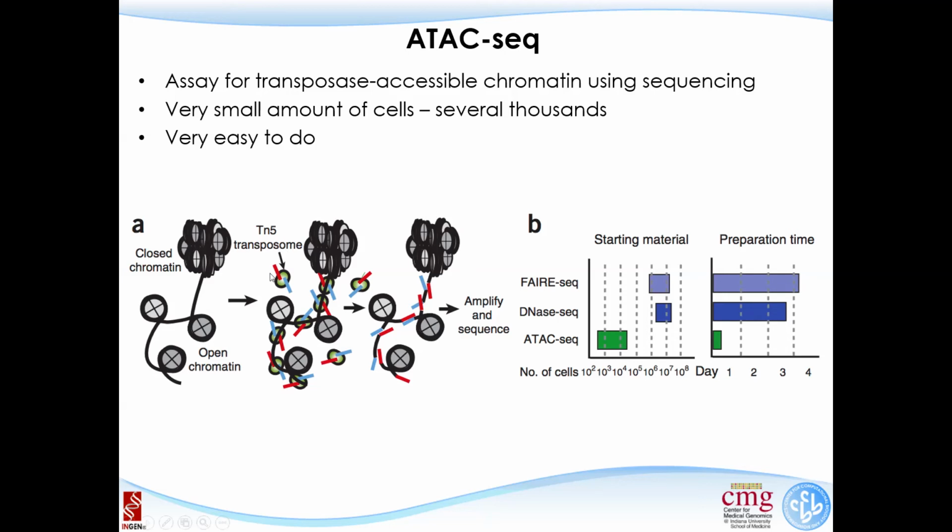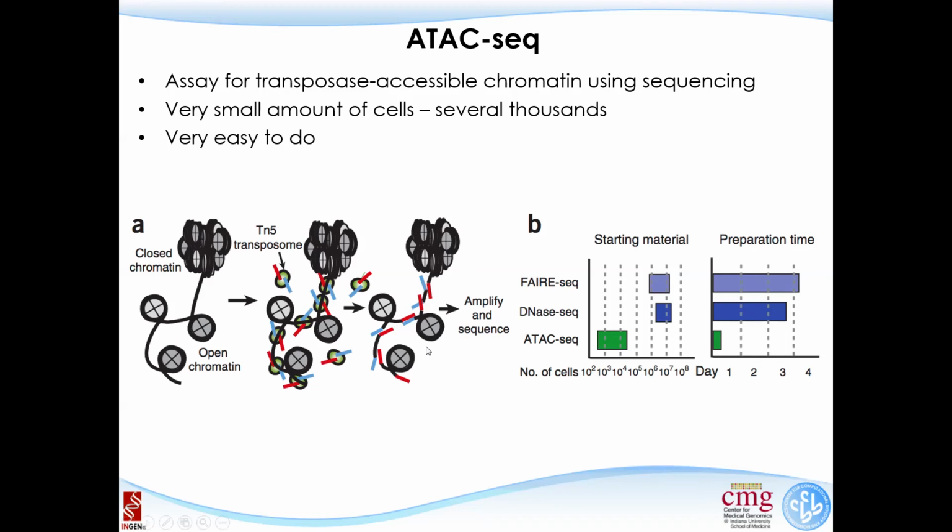But we take advantage of this enzyme by engineering an Illumina adapter into it. So if you treat your DNA or chromatin with this modified enzyme, by the end of the day, you will insert Illumina adapters into your DNA, okay? And then we can PCR them out and sequence that part, right?